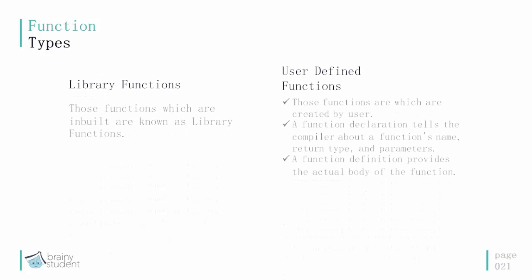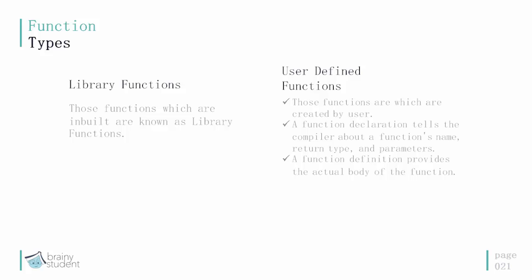Now, basically we have two types of function, library function and user defined function. Library functions are those functions which are inbuilt. These are also known as standard library functions or predefined functions. They are already defined in the system library of the C++ compiler. To use a library function, a programmer needs to include a particular header file related to that library function.